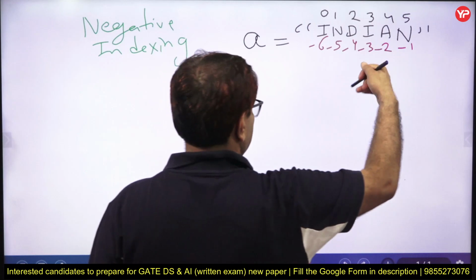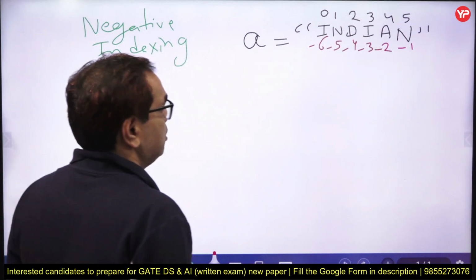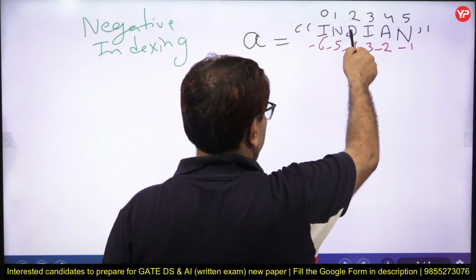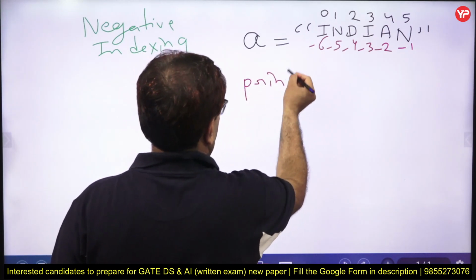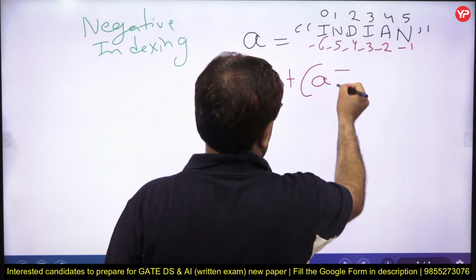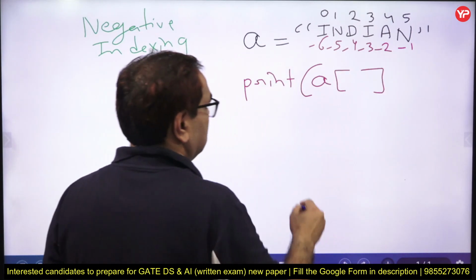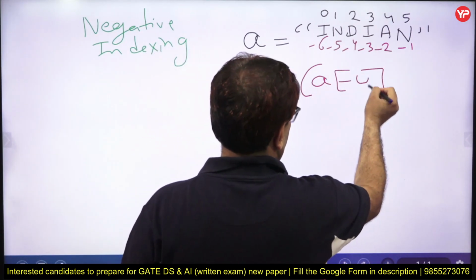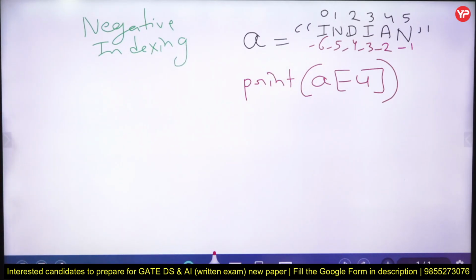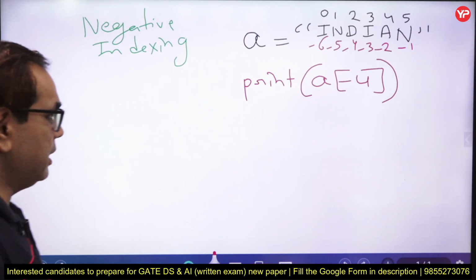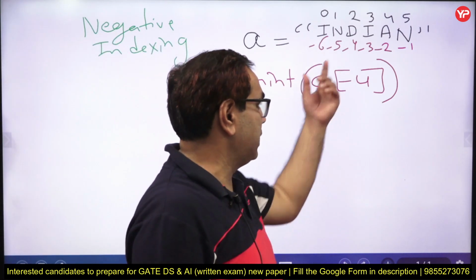Suppose using negative indexing we want to print this D character. We can write print, then a, and then square brackets, and within that the negative index -4. If we run this code, we will get this D character. So we can get any character using negative indexing.